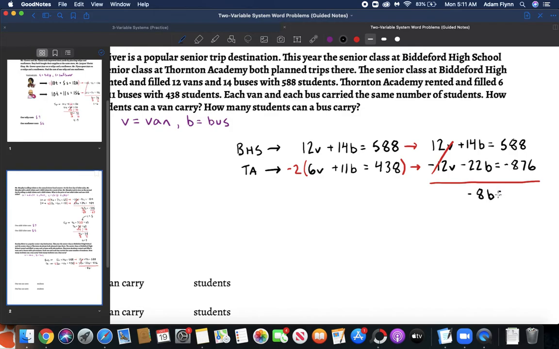And now we've got 588 minus 876, which is going to be negative 288. So we can divide both sides by negative 8.